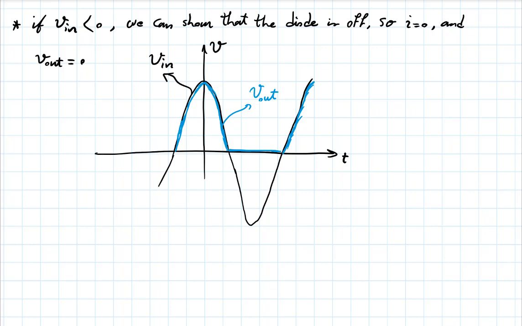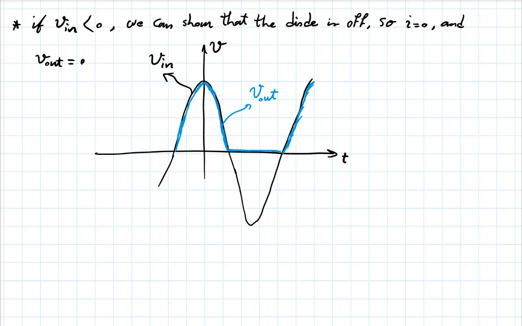And this is it. This is a rectifier circuit. It has rectified the input and made sure that current goes only in one direction in the circuit. So the resistor sees only the positive half of the cycle.